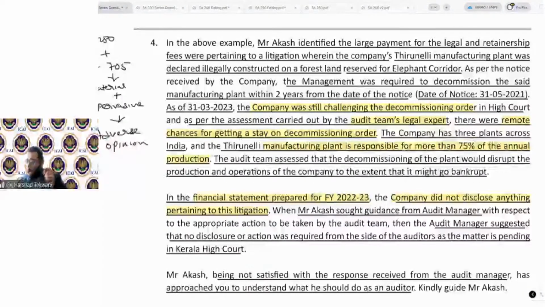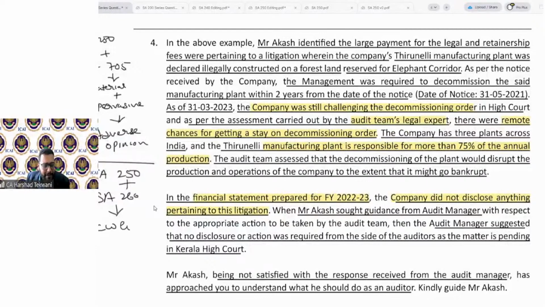Another thing is I'm required to communicate this non-compliance to those charged with governance. SA 250 plus SA 260 requires communicating matters to those charged with governance, and I'm required to communicate this matter to those charged with governance.